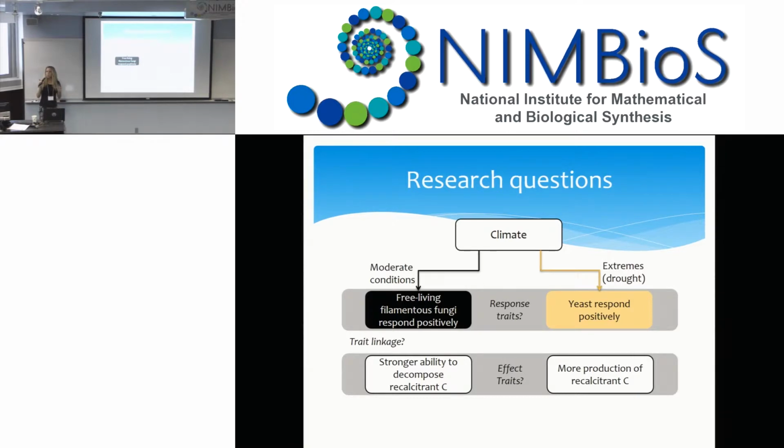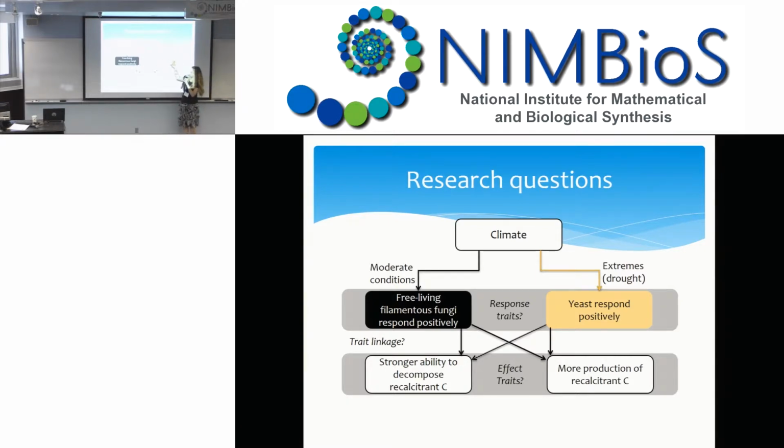And then one of the most important questions I have is, how are these response and effect traits linked together, or are they? This is why I want to know. If there are linkages between response and effect traits, then we might expect that if there are shifts in fungal communities in response to climate, there could be a corresponding shift in the effects.